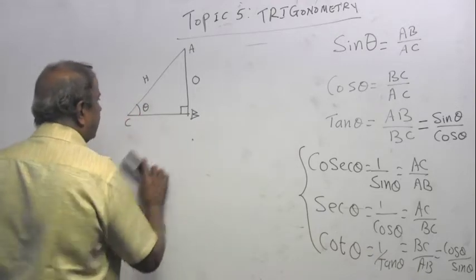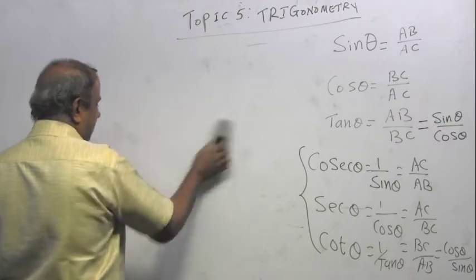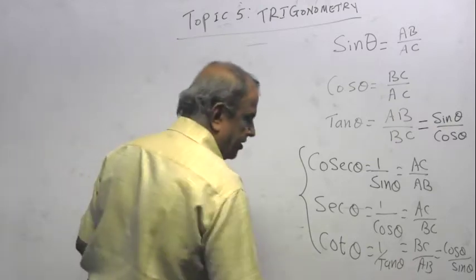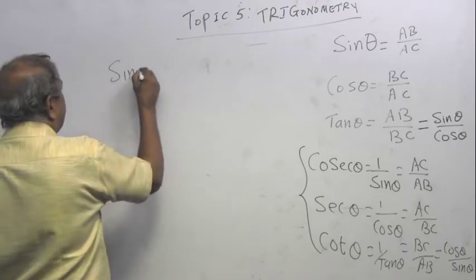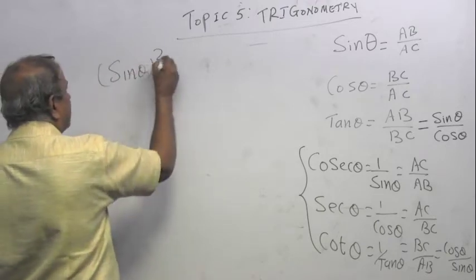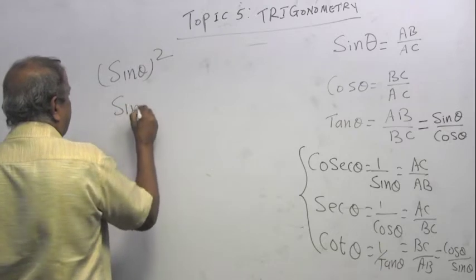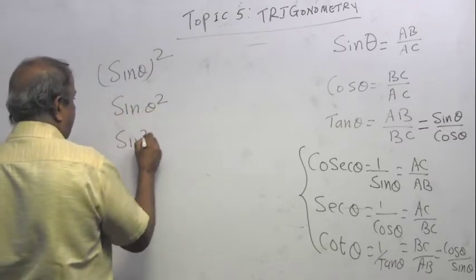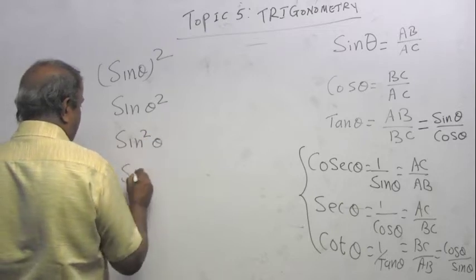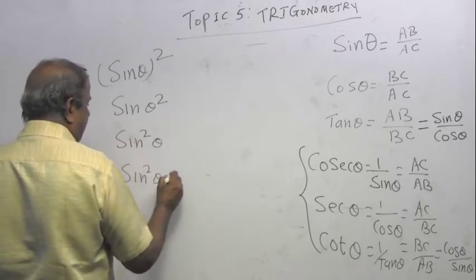Now having done that, the biggest problem I have, which is standard, is always: what is sine theta whole squared? Is it sine theta squared? Is it sine square theta? Or is it sine square theta squared?